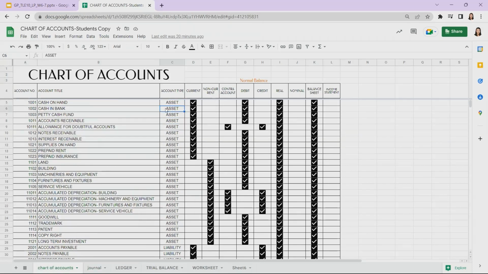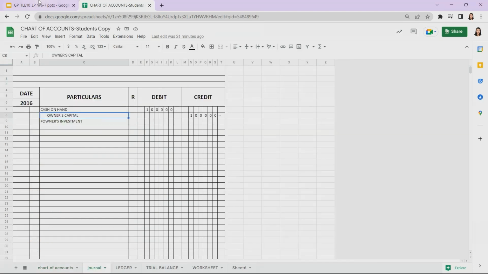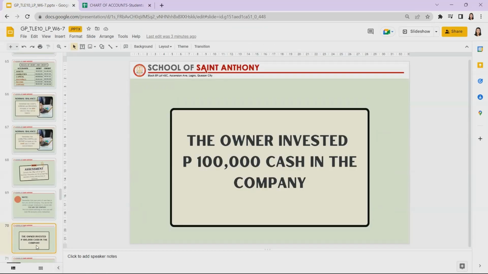Here, cash. And we're using the account title cash on hand. Why are we using the account title cash on hand? Because it is not stated here that the owner used a check.